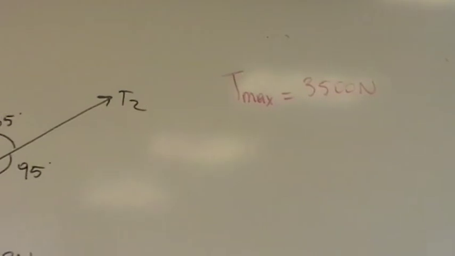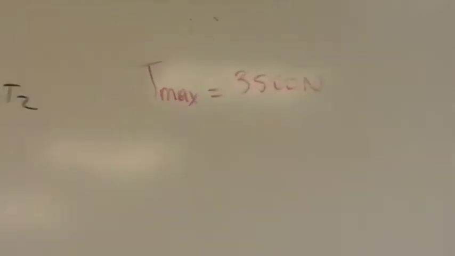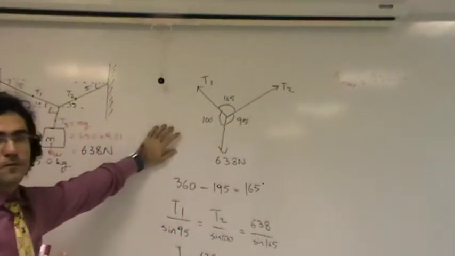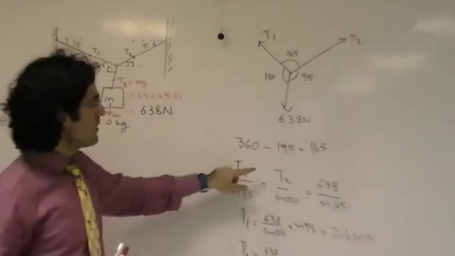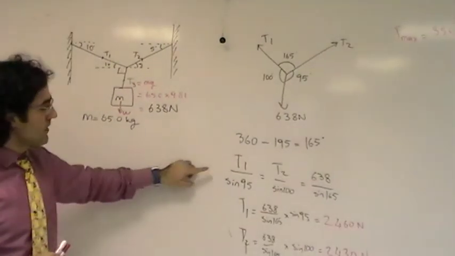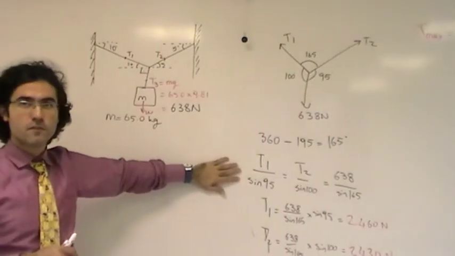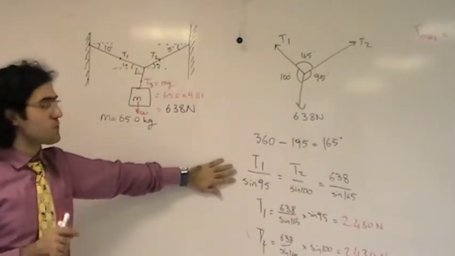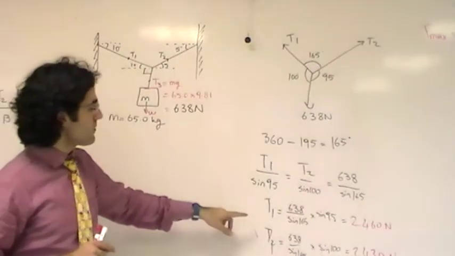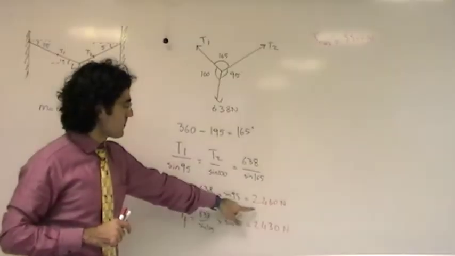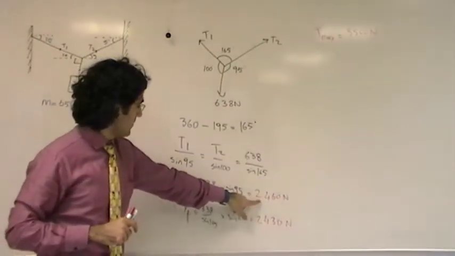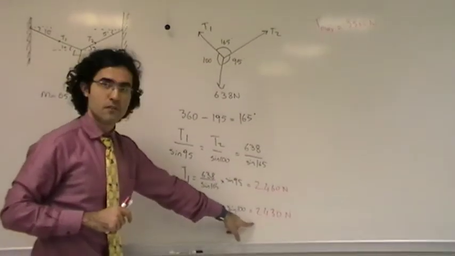You have to decide which one is going to be 3,500, because you cannot say both of them will be the same. If both of them are the same, then this equation cannot be satisfied. So you have to identify which one to choose. If you look at our solutions in the previous part, we found that T1 is greater than T2.